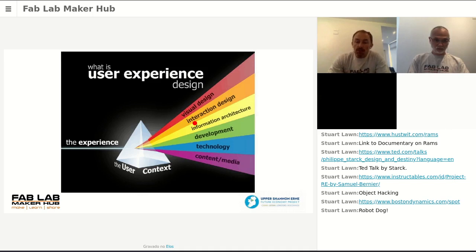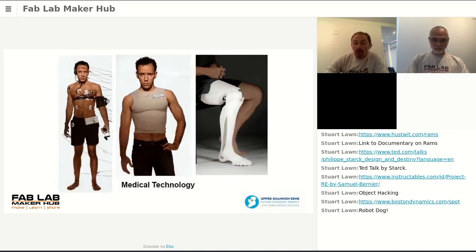So that experience that you have when you're using your phone, let's say, there's a huge amount of work that goes on behind the scenes in terms of the interface, the technology, the way it looks, the way you touch the screen, the way the software works with the hardware. So that's another field that you might see some innovation in.